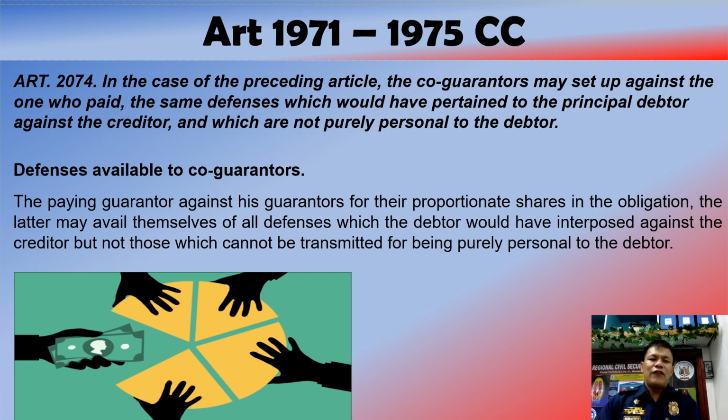In the action filed by the paying guarantor against his guarantors for their proportionate shares in the obligation, the latter may avail themselves of all defenses which the debtor would have interposed against the creditor, but not those which cannot be transmitted for being purely personal to the debtor.